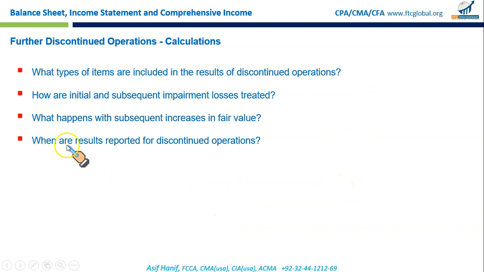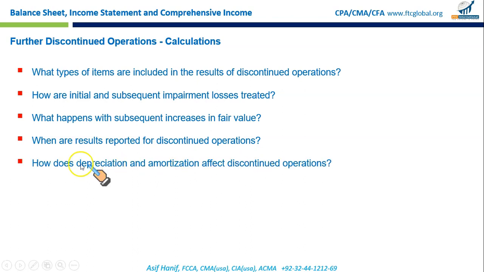Next question says, when are results reported for discontinued operations? Well, results are reported in discontinued operations during the period the component is either disposed of, you kill it off, or you decide to classify it as held for resale. I'll discuss it as we proceed. Then it says, how do we treat depreciation and amortization after discontinued operation?